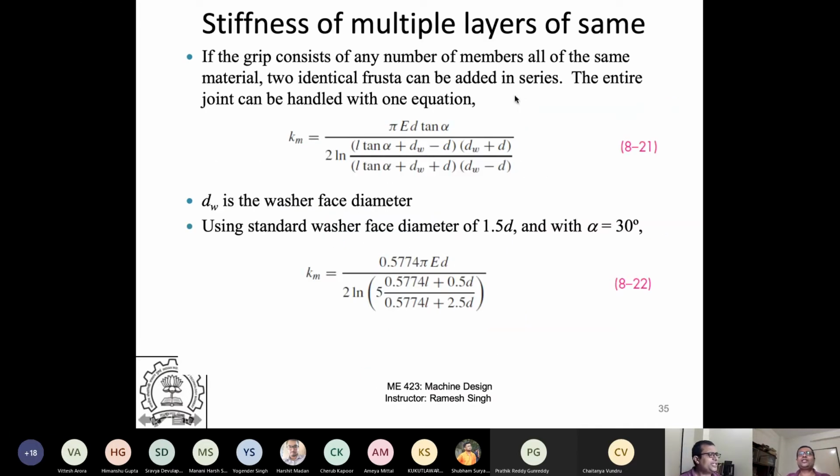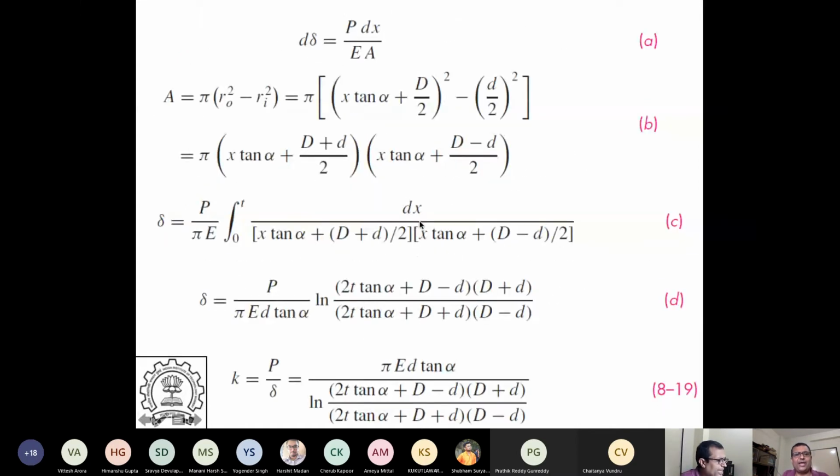It's just K by 2, and L is basically the grip length, which is simply the material thickness. So L is just the thickness of one layer. So this will be equal to K by 2. Just 1 second.